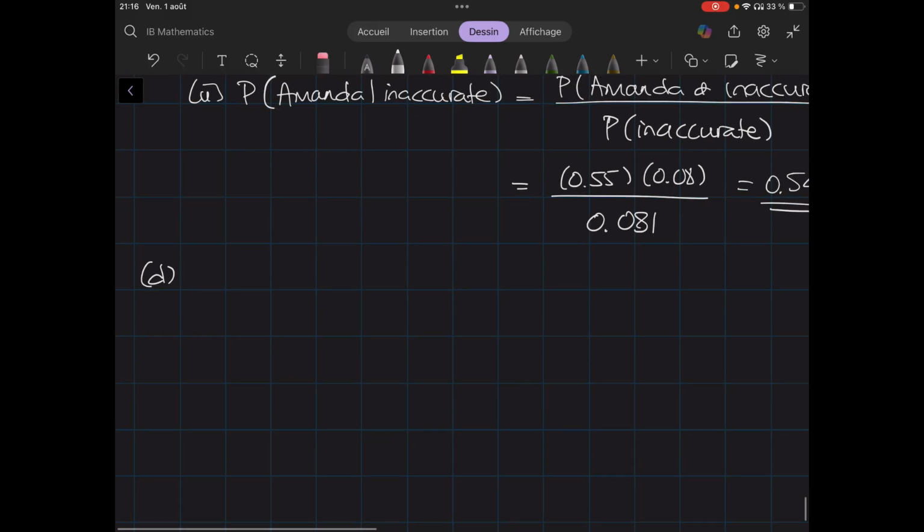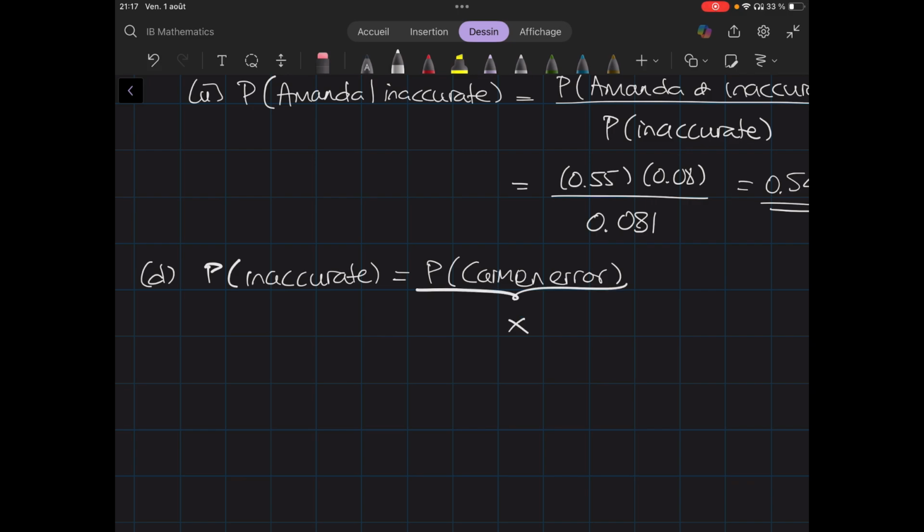What else are we given? Now we're given that the probability that a randomly selected survey has been entered inaccurately, so P of inaccurate, is the same as the probability that Carmen made an error when entering a survey, P of Carmen error. The probability that Carmen makes an error, that's X%.